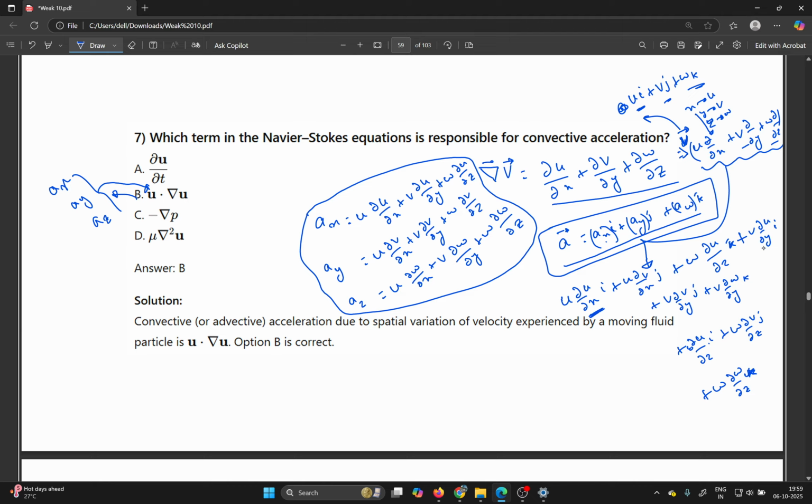So you have to keep this i only, that is, take the common. This is i, and this also has i, and here also you have i. So you have u del u by del x plus v del u by del y plus w del u by del z. i will remain. Similarly, plus you keep j, and similarly you keep k.